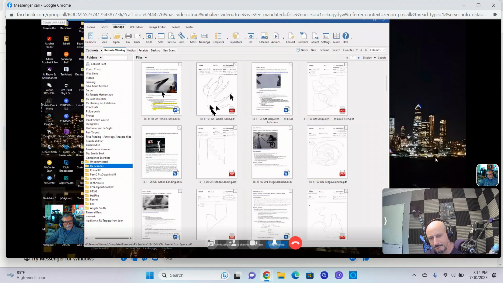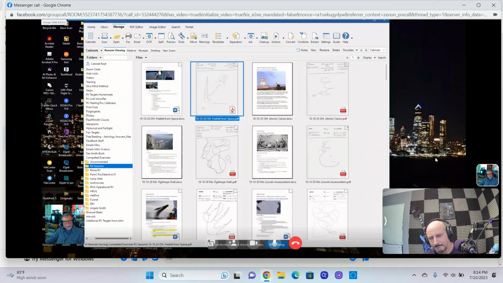And so I started looking over my other ones. All right, for example, this one on the atomic cannon. Let's see if I bring this over. Okay.